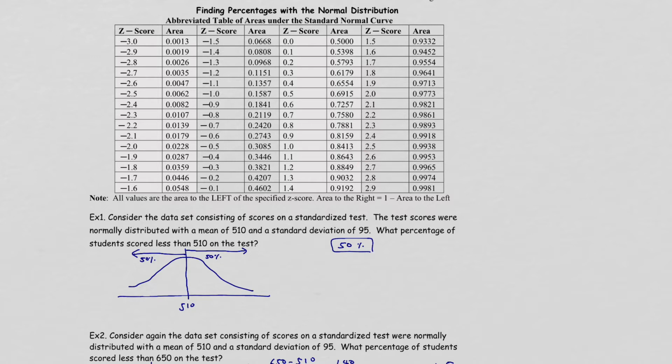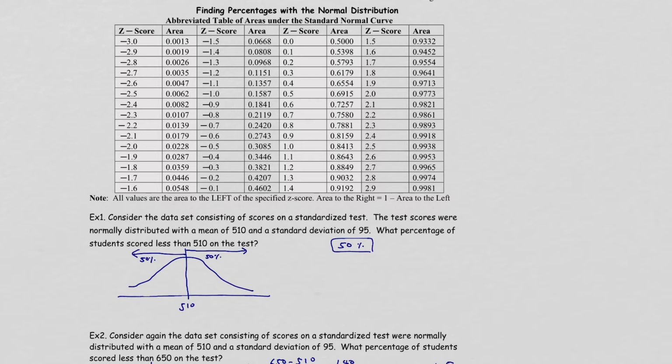For example, some tables give you only half of the area for the same 1.5. So to get the same number, you need to do 50% plus the percent you found in order to find the whole thing.